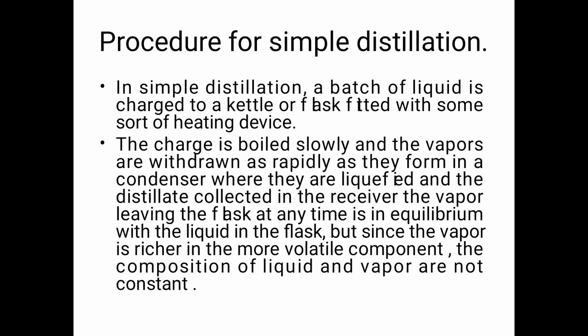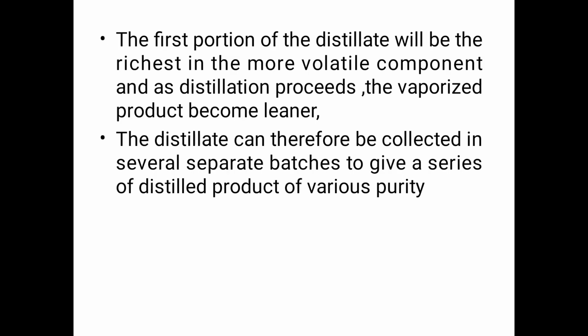The vapor leaving the flask at any time is in equilibrium with the liquid in the flask, but since the vapor is richer in the more volatile component, the compositions of liquid and vapor are not constant. So the first portion of the distillate will be the richest in the more volatile component.